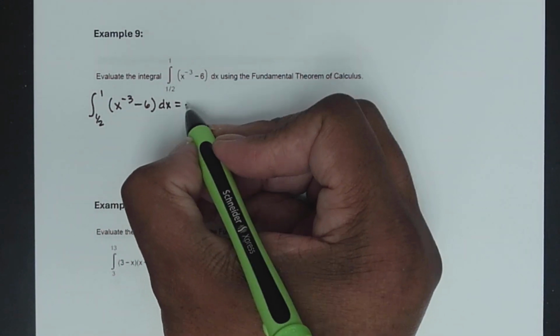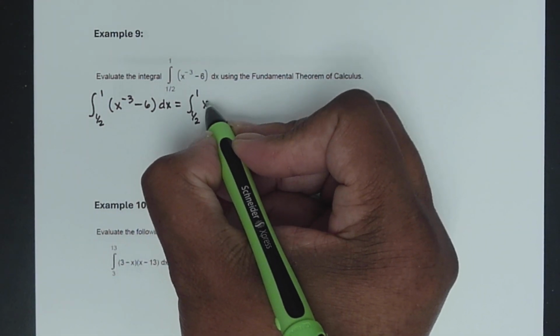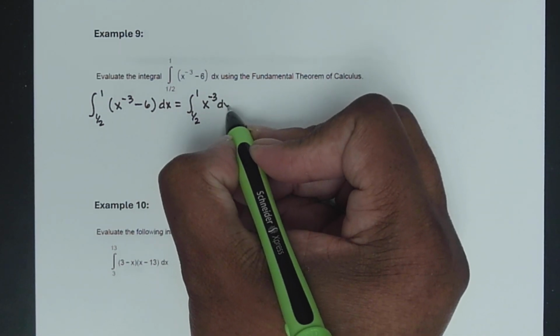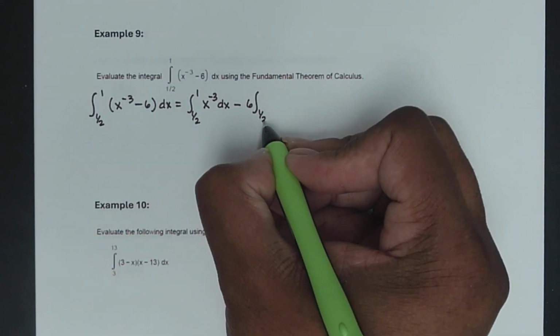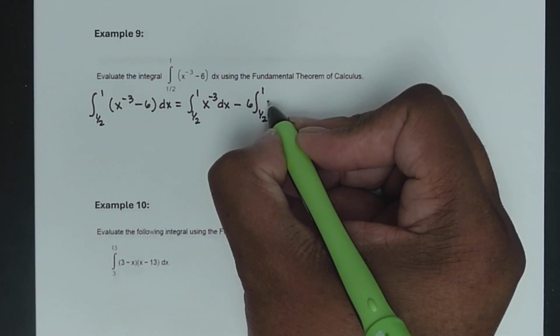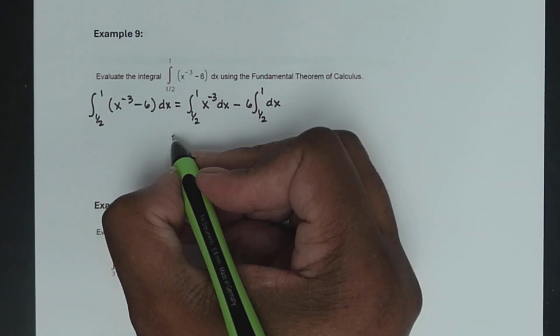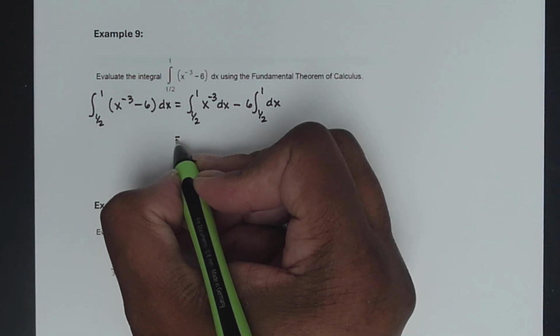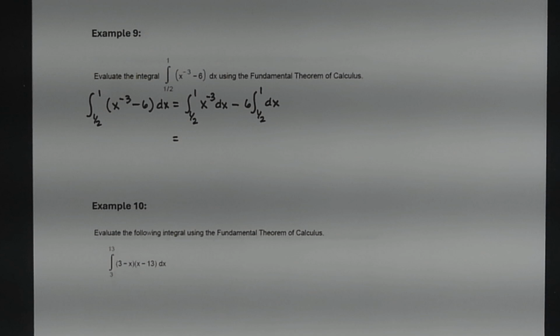Well, I'll go ahead and break this up as the integral from 1/2 to 1 of x to the negative third dx minus, and I'll pull the 6 out in front, times the integral from 1/2 to 1 of dx. All right, so now, using the power rule for each one of these.